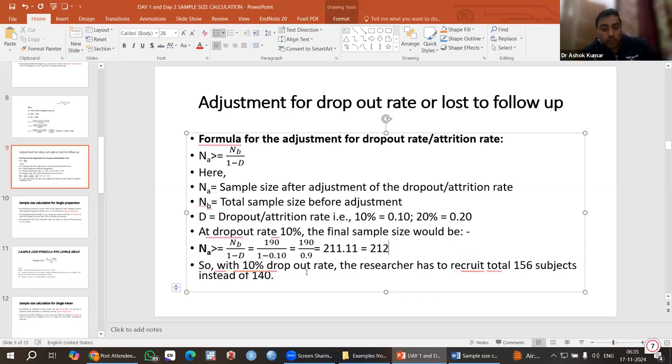So with 10% dropout, the researcher has to recruit a total of 212 patients, and in each group 106. In each group, you have to write down 106 patients or participants.